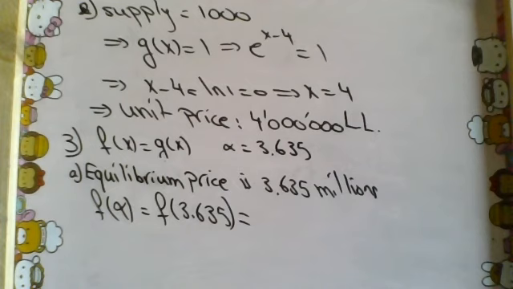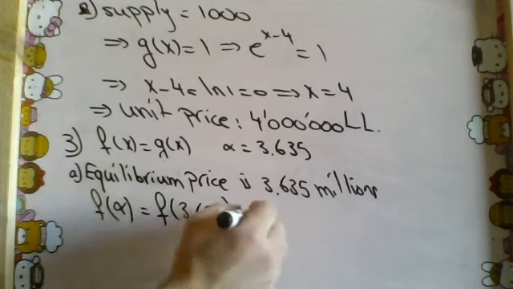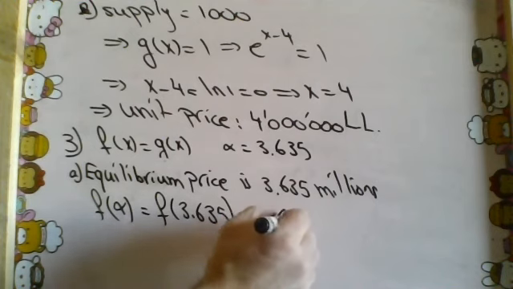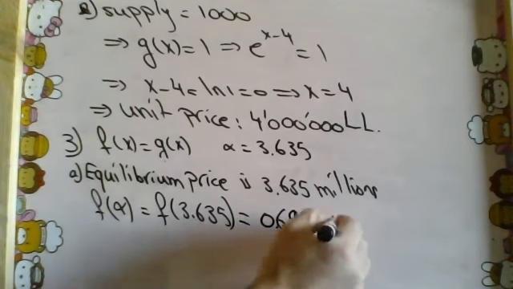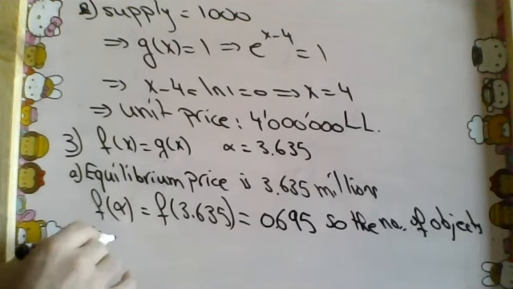What did you get? 0.695. So the number of objects is 695.